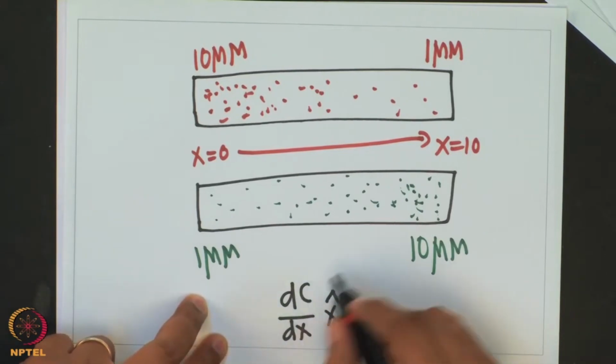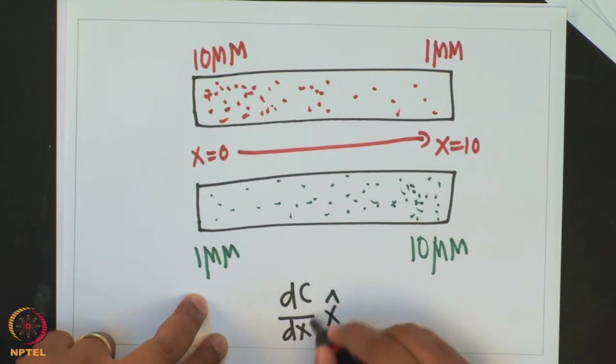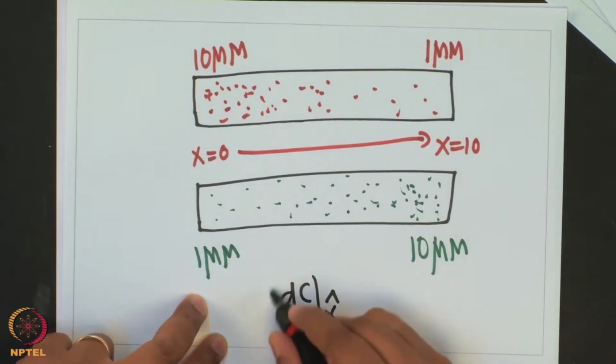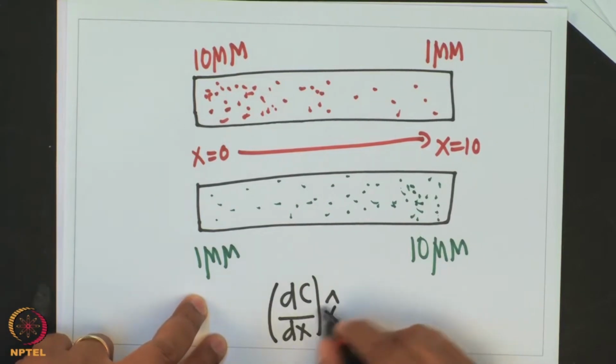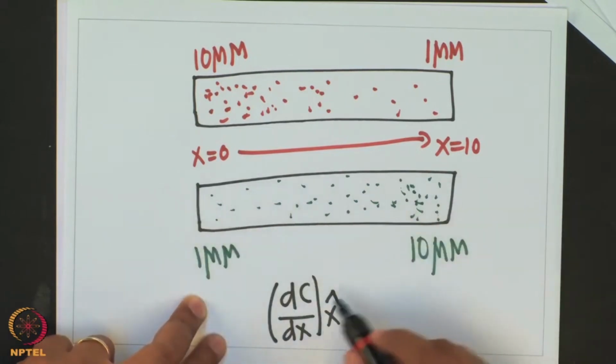This would mean that the concentration is changing along the x direction, and the sign of dc by dx would tell whether this is positive or negative. So this symbol, x cap, would tell us that the change is happening along the x axis.